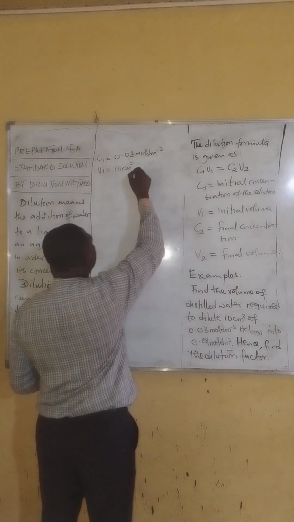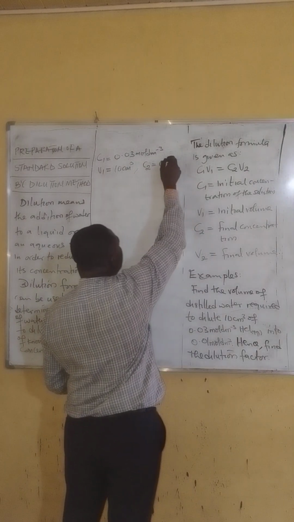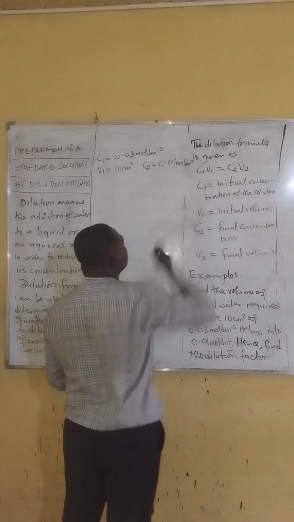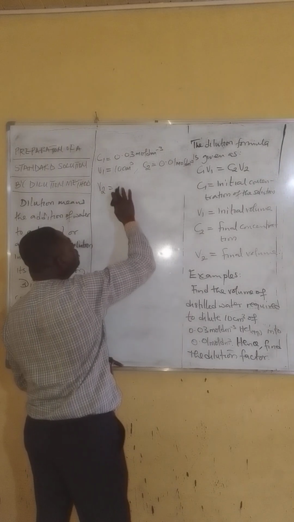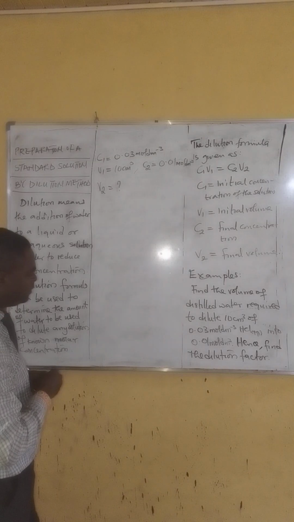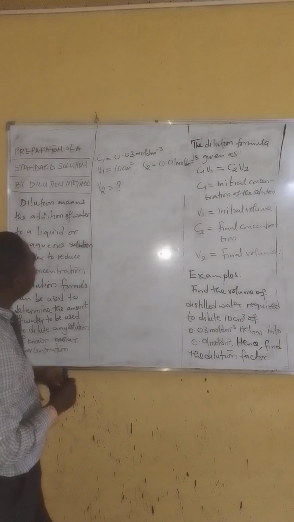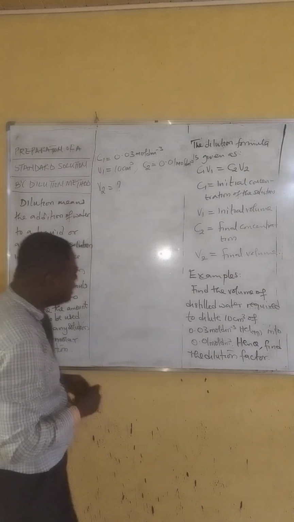Then your C2, after dilution, the concentration is now 0.01 mole per dm³. Then your V2 is unknown. That is the new volume.